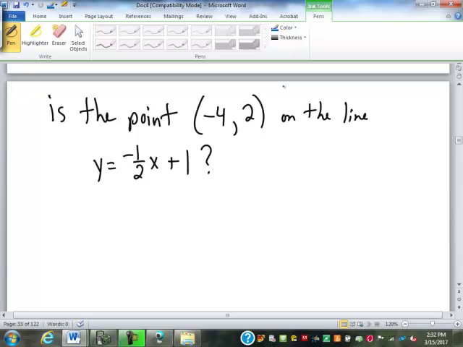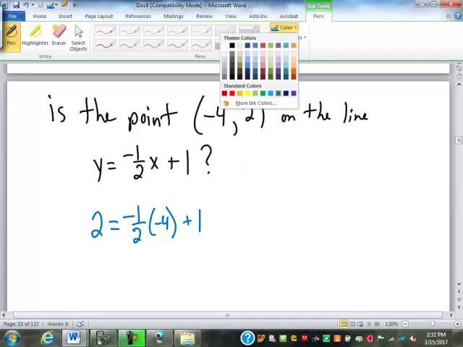Tell me what to do. Perfect. We put the 2 in for y, the negative 4 in for x. This becomes 2 equals negative 1/2 times negative 4 plus 1. What's next?